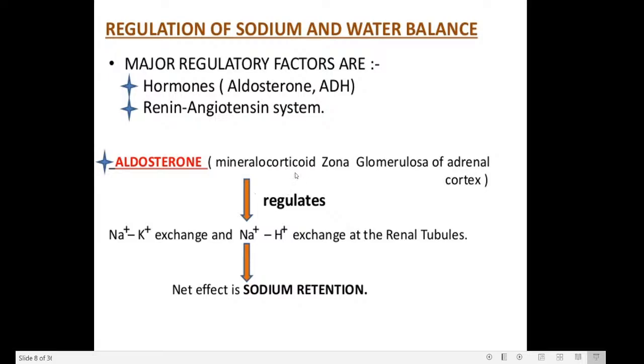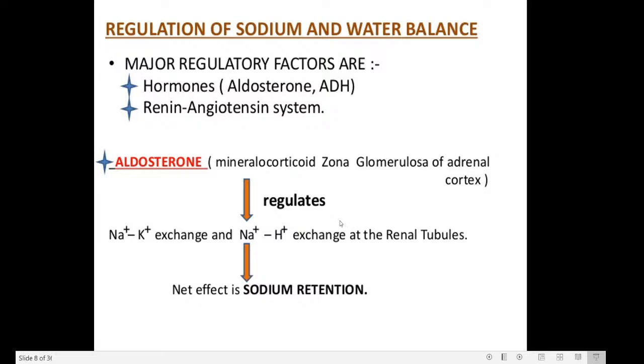It's a mineralocorticoid. It's produced from the zona glomerulosa of the adrenal cortex, and it regulates the K plus and Na plus ion exchange and K plus H plus ion exchange at the renal tubules.